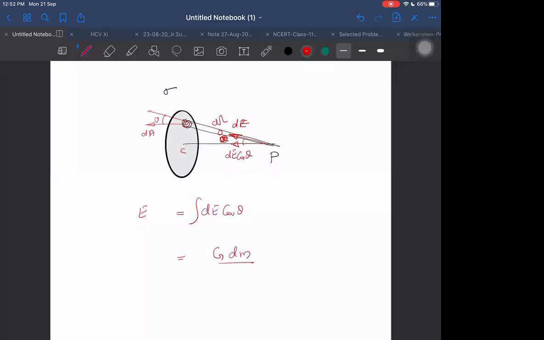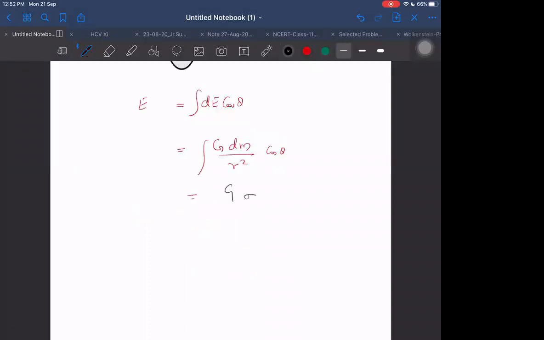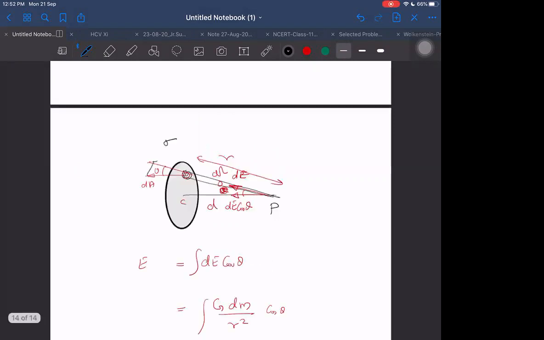Let us call the direct distance from C to P as D, and the oblique distance as R. So G into dm by R square into cos theta, which I can write as G into sigma into dA by R square into cos theta. Sigma is outside, dA cos theta. If I take the component of dA along the cos theta direction, then automatically it becomes dA perpendicular to the radial direction.